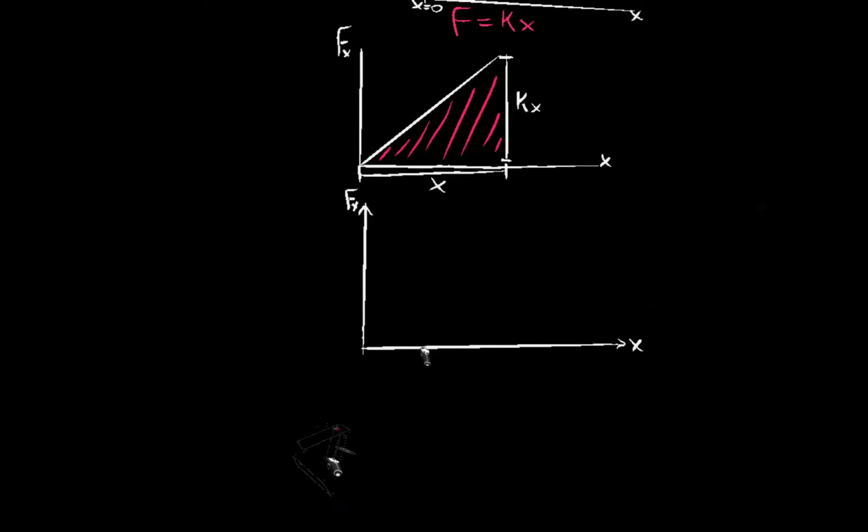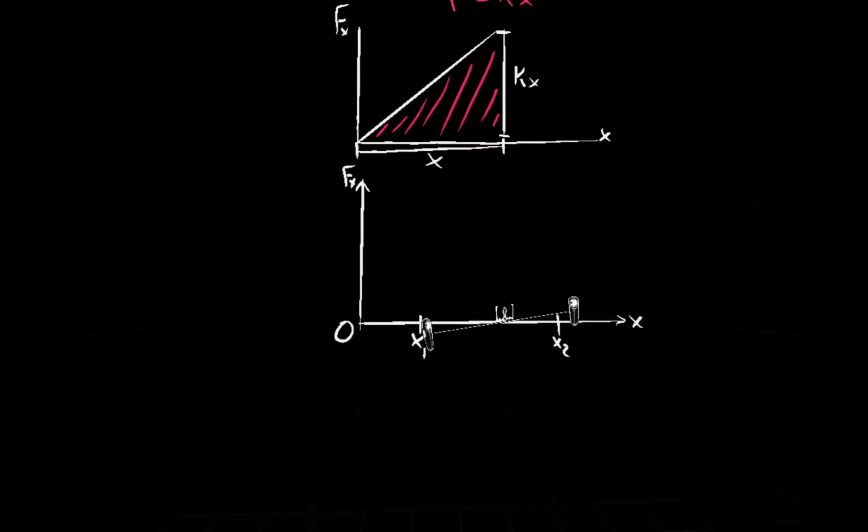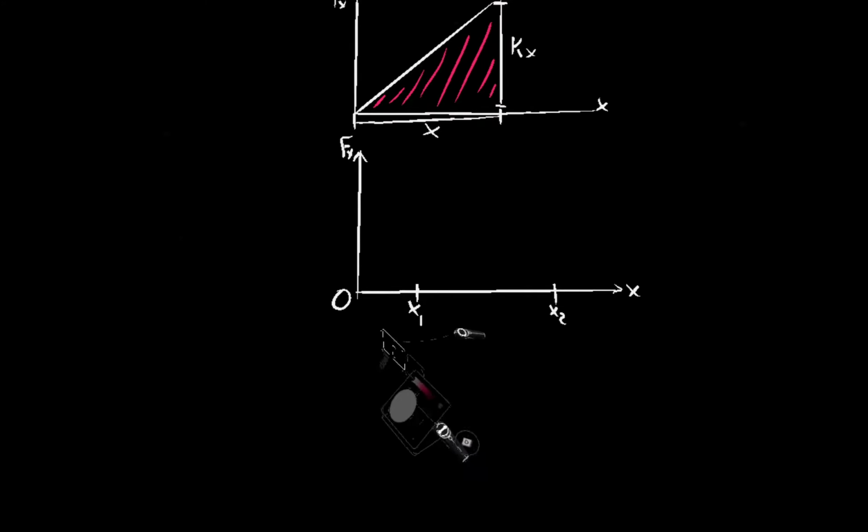But this time we label, so this is x equals 0, so that's the origin. We'll label that x1, and this x2 here. And we have the same linear force.